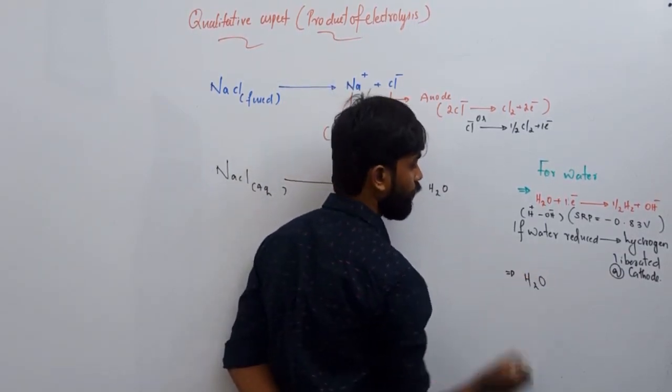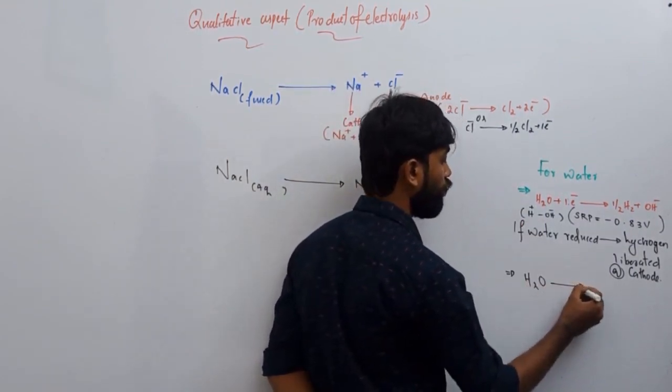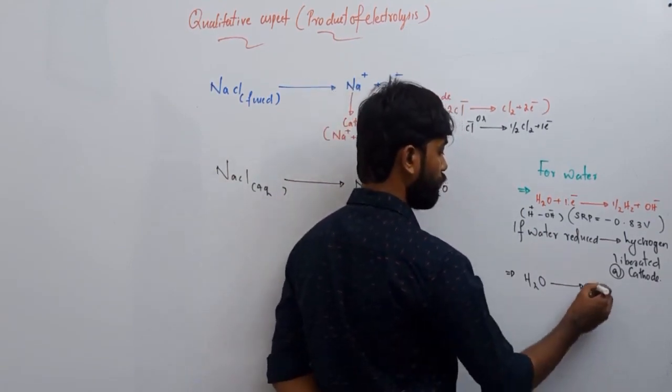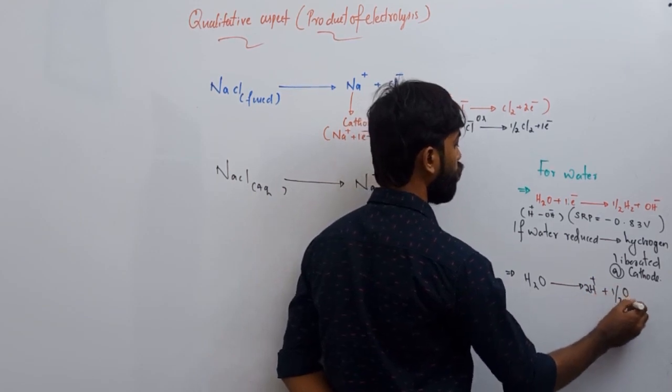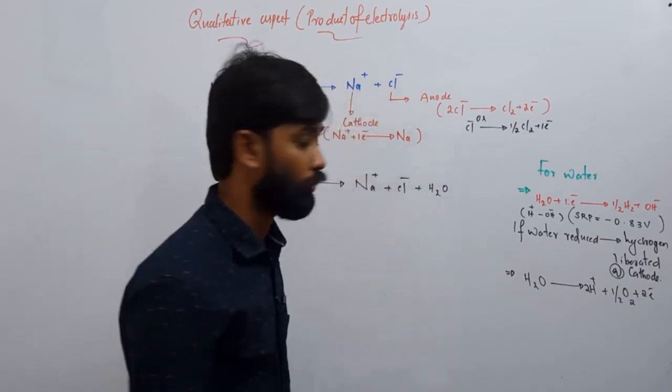Similarly, your water can lose an electron also. For example, H2O, when it loses an electron, what happens? It becomes 2H+ plus half O2, and the liberated electron is from your oxygen.